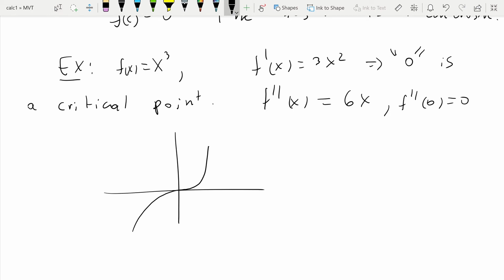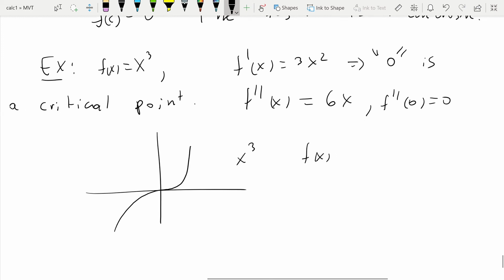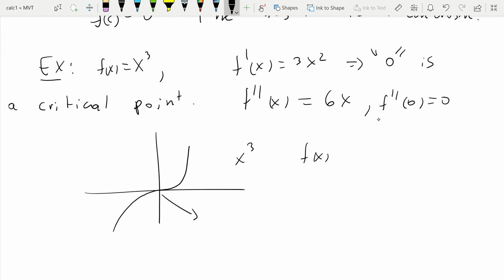You see what happens here? So this is x cubed, and the function is actually increasing always, even at 0.